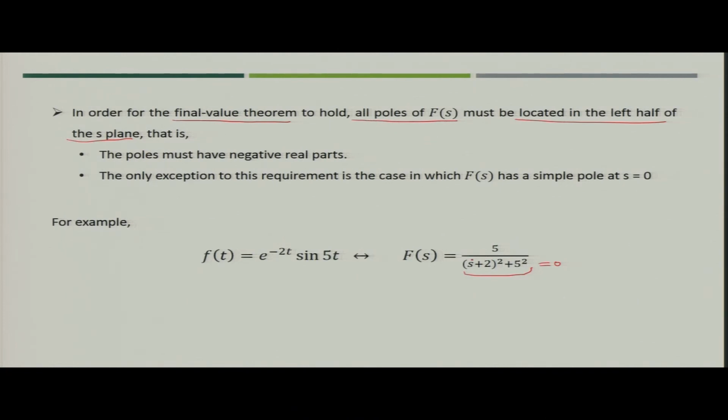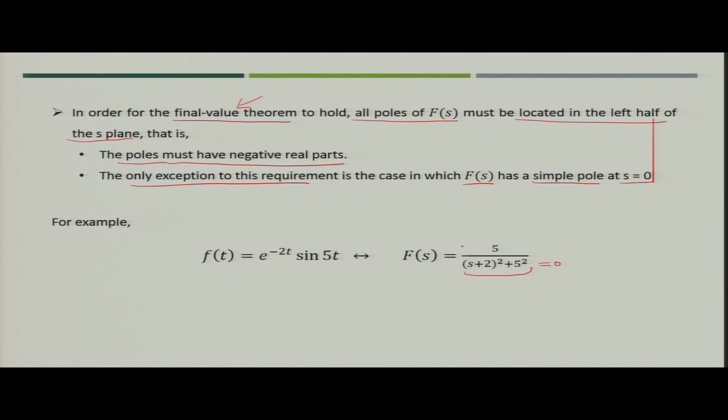So, what you need to do is observe whether those roots have a negative real part or not. If the poles have a negative real part, then only you can apply the final value theorem to the function F(s). The only exception is the case when F(s) has a simple pole at s equal to 0.